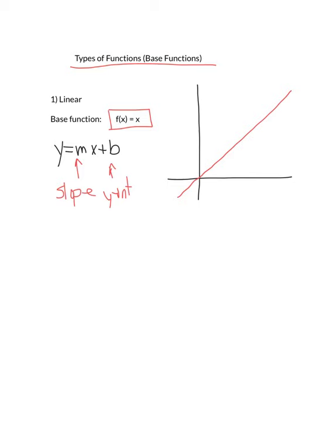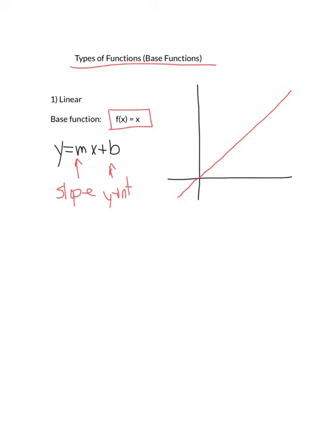Now for all of these base functions, you need to memorize the base function itself, what kind of function it is. So in this case, f of x equals x is a linear function. And you will need to have a mental picture of what this graph looks like, along with a few key points for each one.